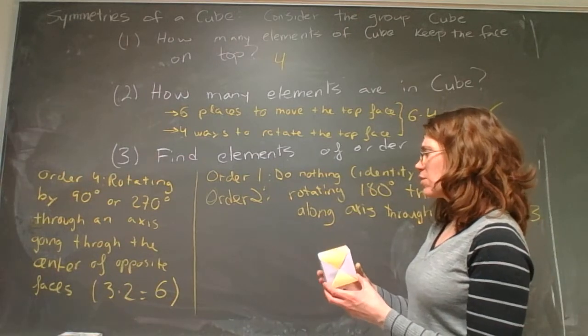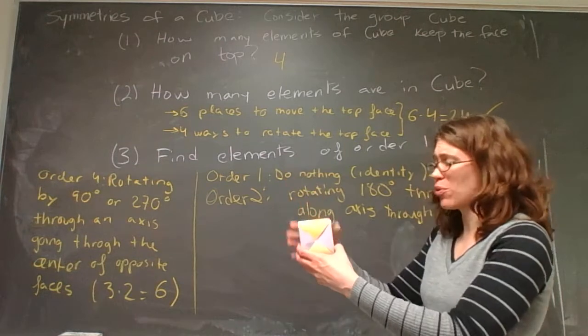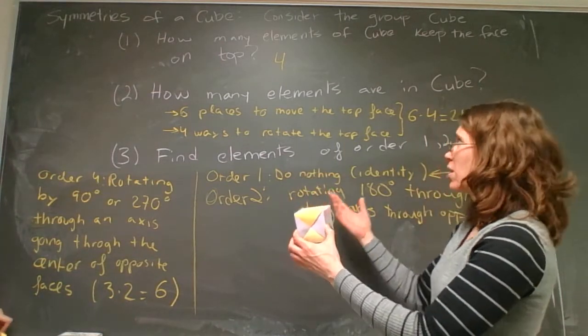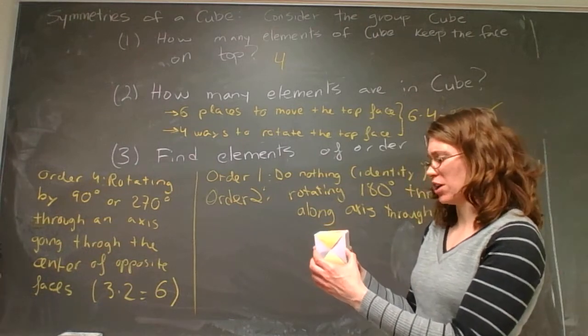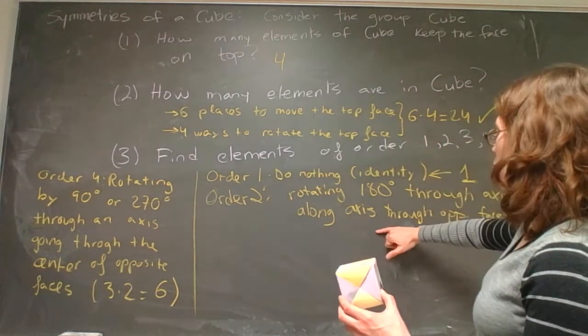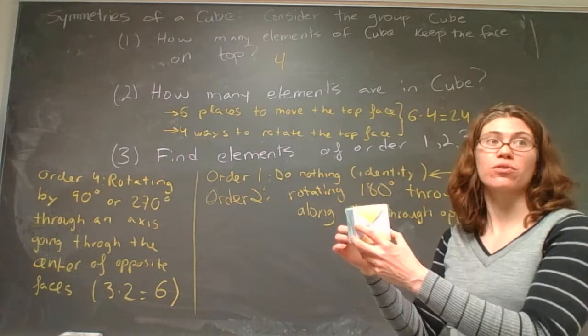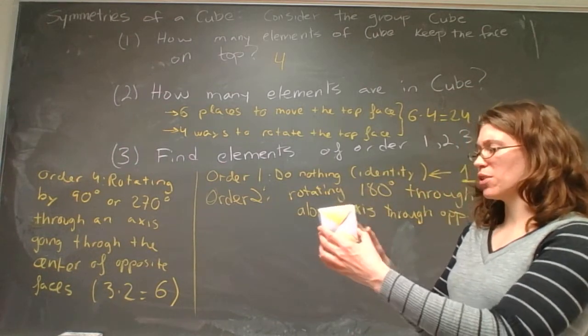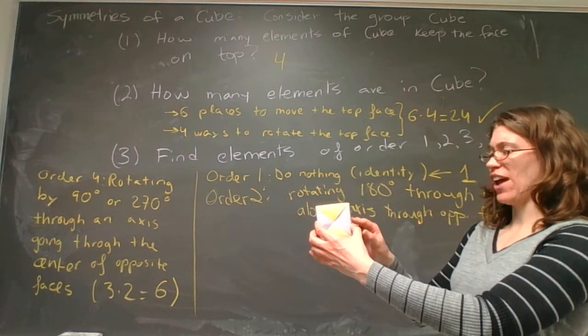So let's think about ways of making more symmetries and figure out what their orders should be. For the order 2, we looked at axes through the top and the bottom, or through the front and the back. But we could instead look at axes through pairs of edges.